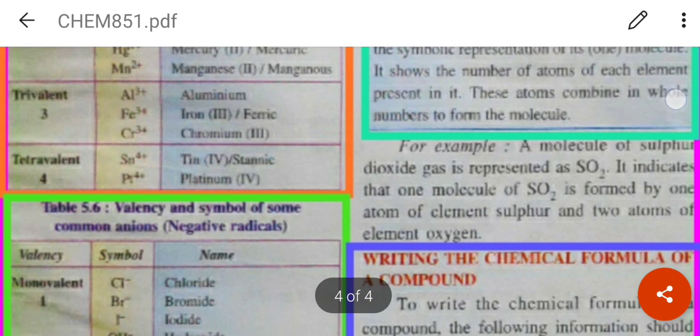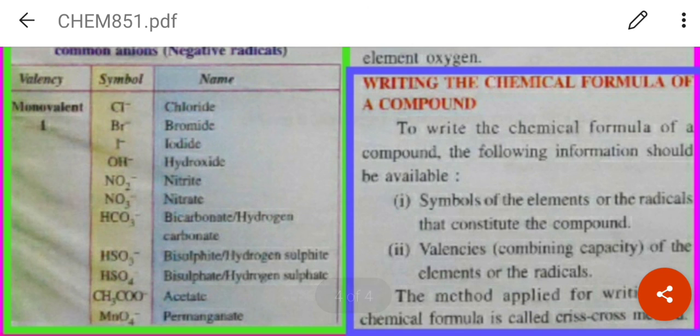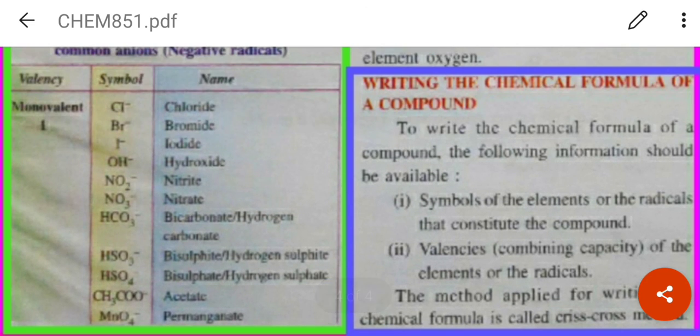It shows the number of atoms of each element. Now, the steps for writing the chemical formula is, we must know the symbols of the elements or the radicals, and number 2, we must know the valencies of the elements or the radicals. After that, we are going to learn to write chemical formula by crisscross method.